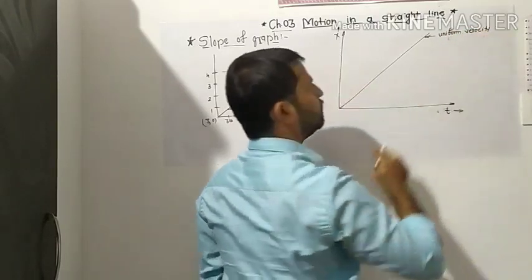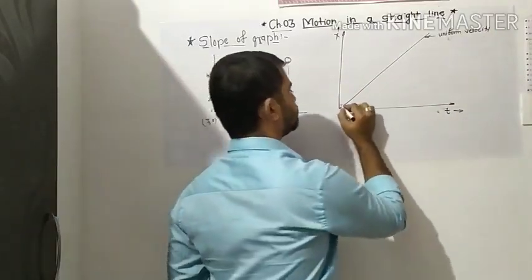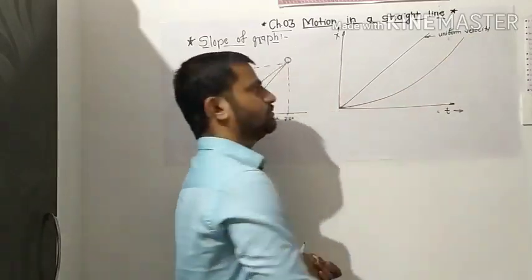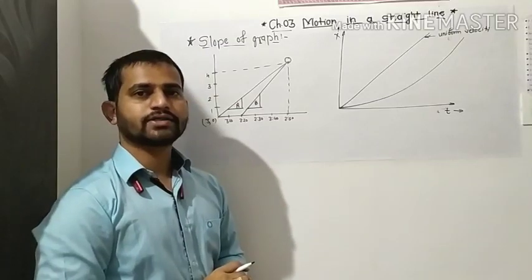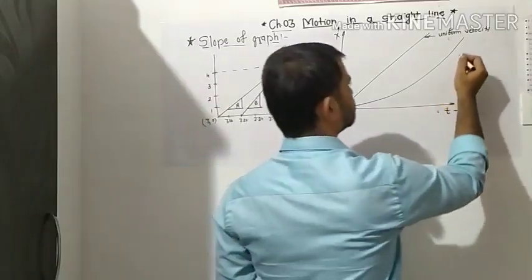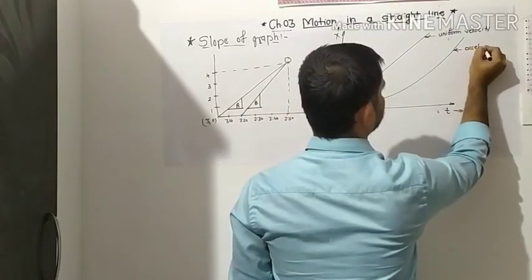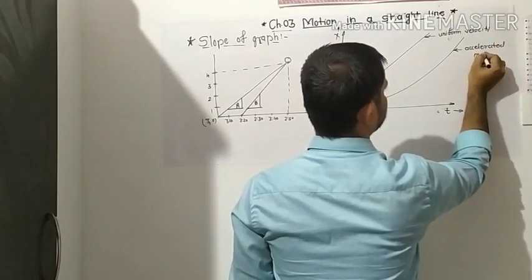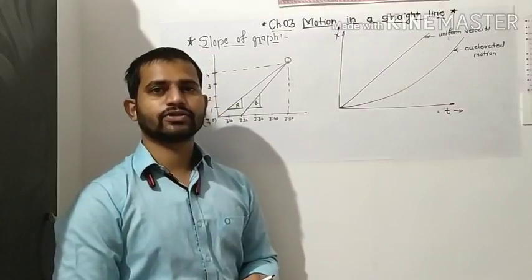If we get one curve, then it is accelerated motion.